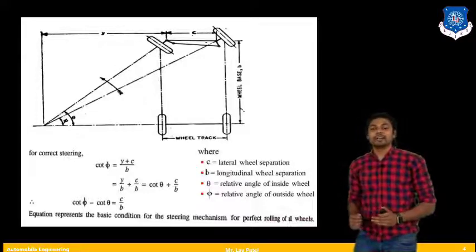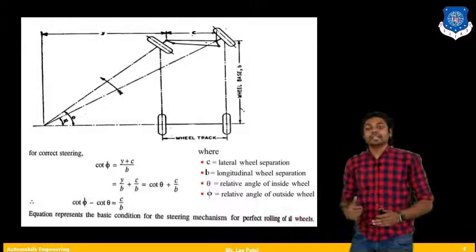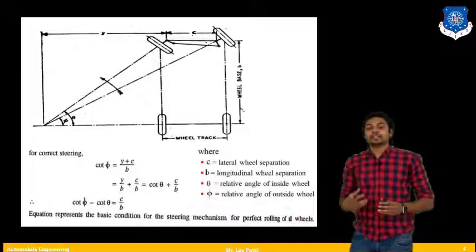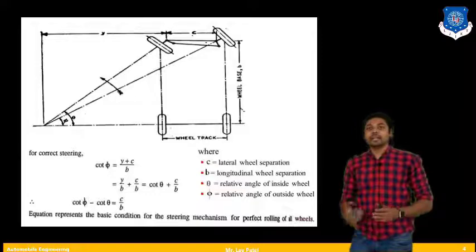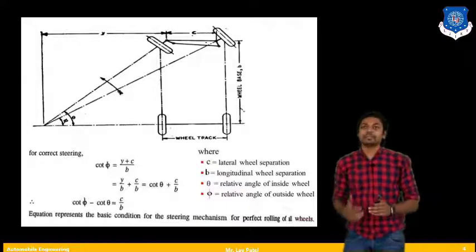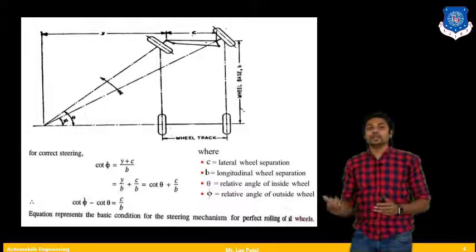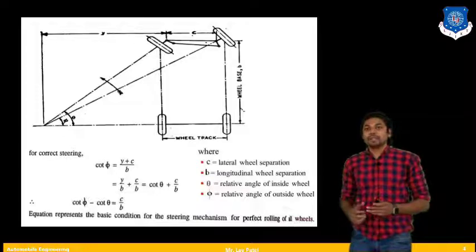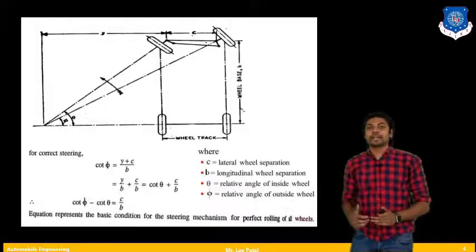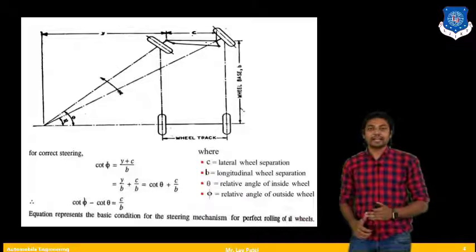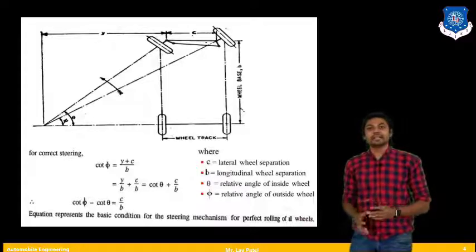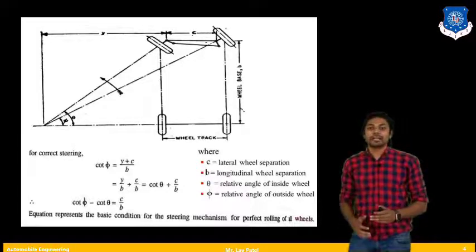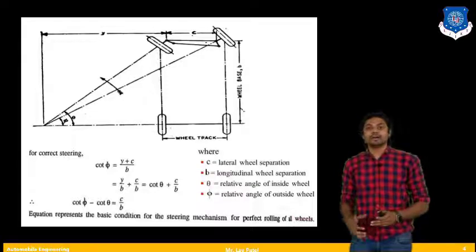That particular point we call the instantaneous center, at which all four wheel axes are concentrated, and with reference to that point my vehicle is going to turn. Theta is for the inside wheel, and phi is for the outside wheel.